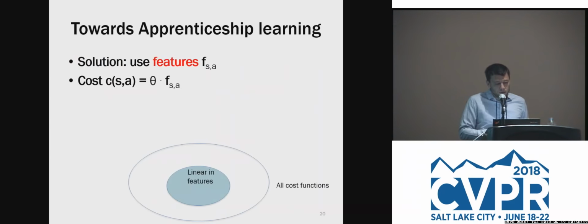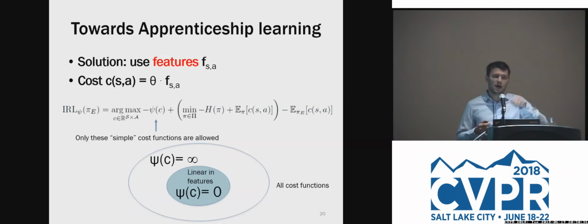So one solution is to regularize. The simplest way to do it is to introduce a set of features and constrain the possible cost functions to be linear in this set of features. The way to do it is by using a regularizer psi which is basically going to be infinity unless the cost function is linear in this pre-specified set of features. So we're constraining the possible cost functions to have this special structure.